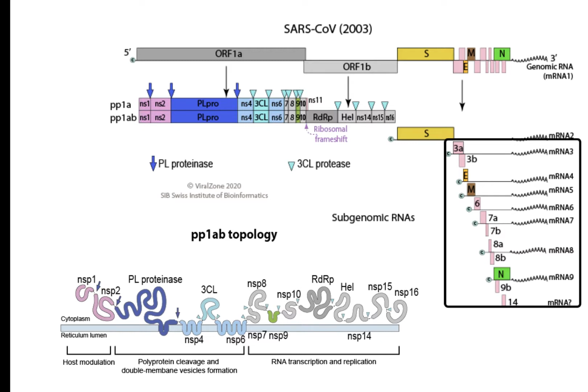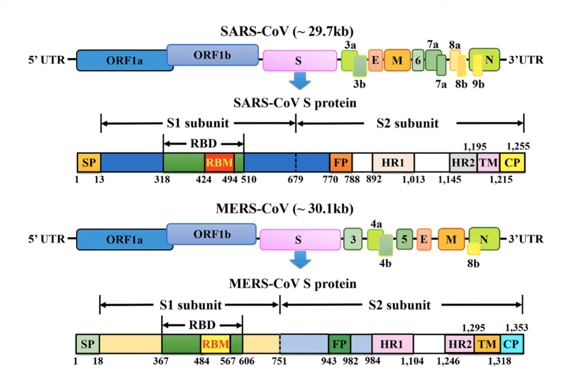as well as part of the assembly of the virion as well. Here's a different view of the genome of SARS-CoV and MERS-CoV. Similar to each other, but with some differences, and there's a special emphasis on the spike glycoprotein here. There are two subunits, S1 and S2, in each case, and on the amino end there's a signal peptide, which associates it with the endoplasmic reticulum and Golgi.